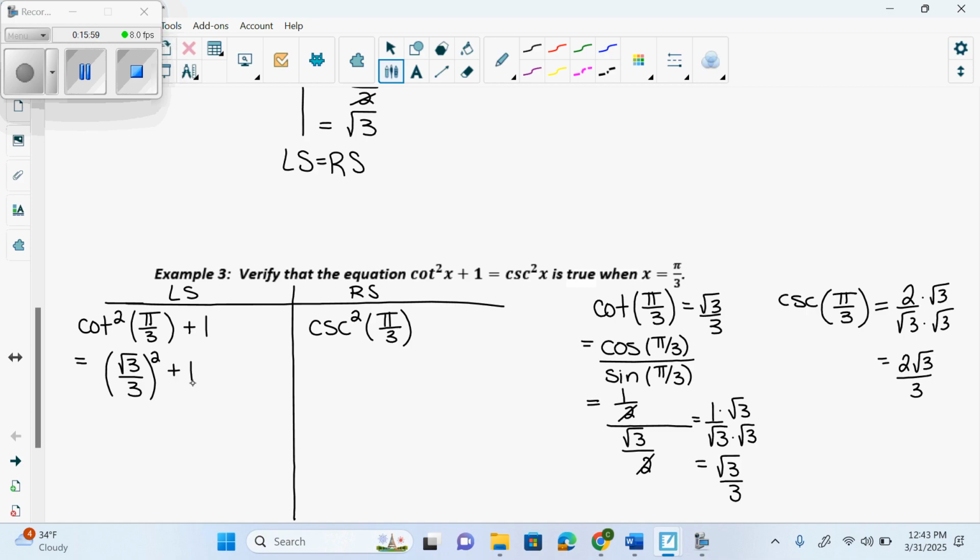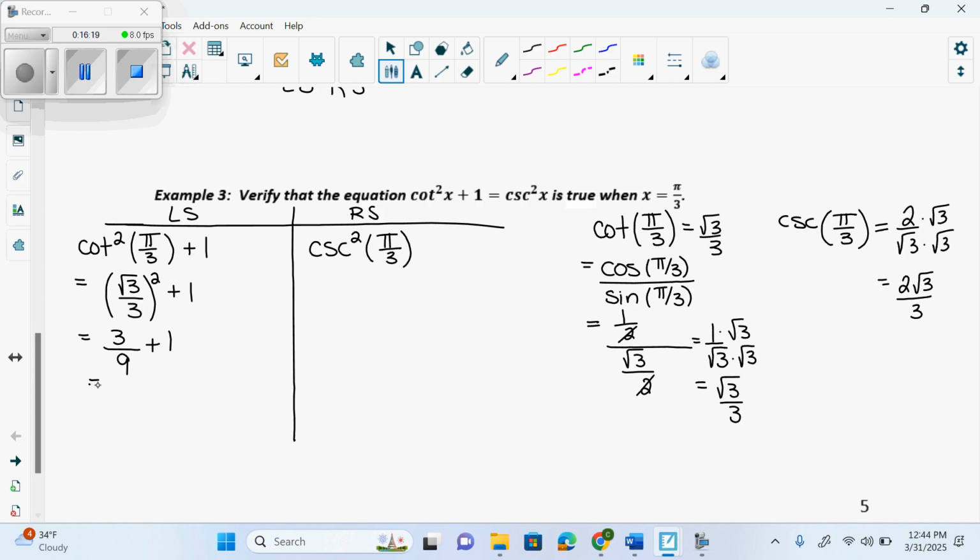You see what I'm saying? And then we square the numerator, square the denominator. So when you square root 3, what do you get? 3. And then when you square 3, you get 9, plus 1.